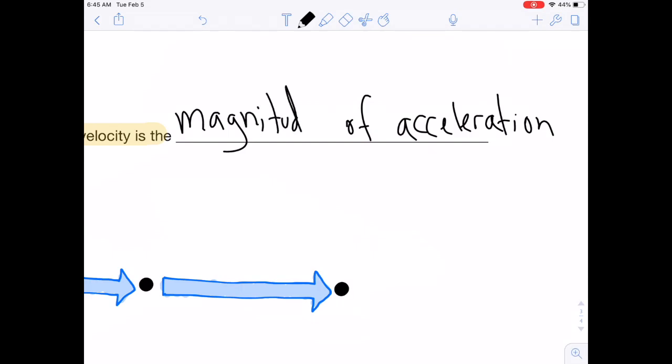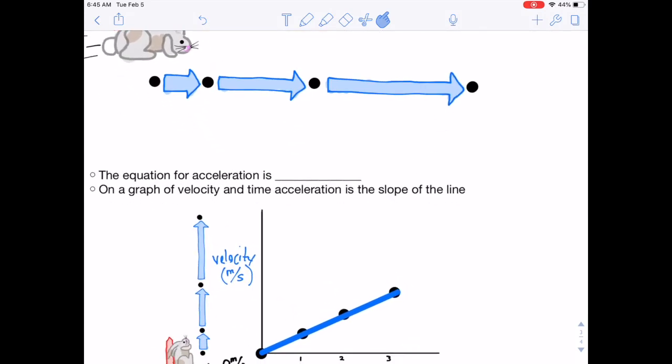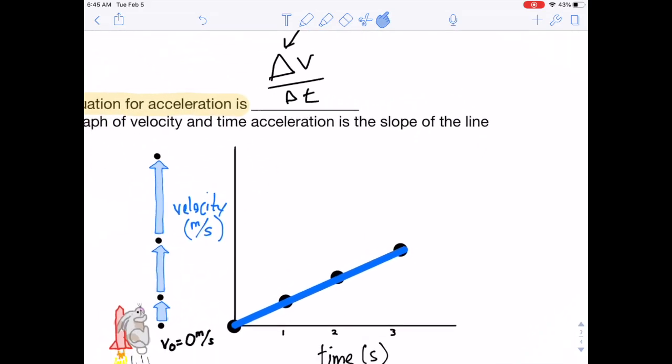Magnitude just means amount. Magnitude of acceleration. So the equation for acceleration is the change in velocity divided by the change in time. So we're thinking about that delta there. You have a changing velocity.